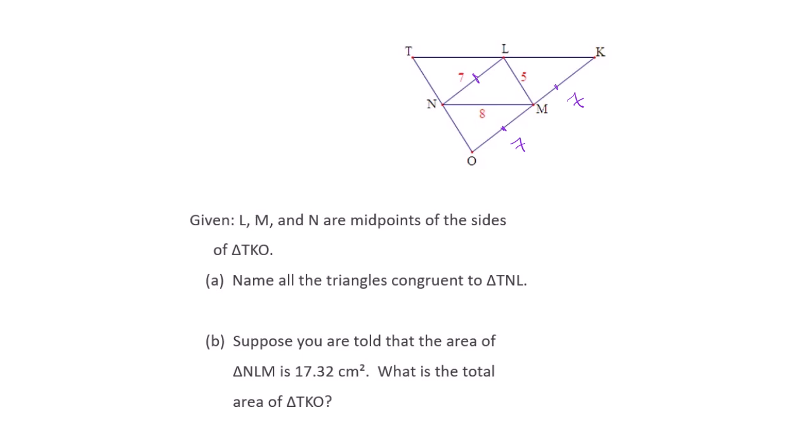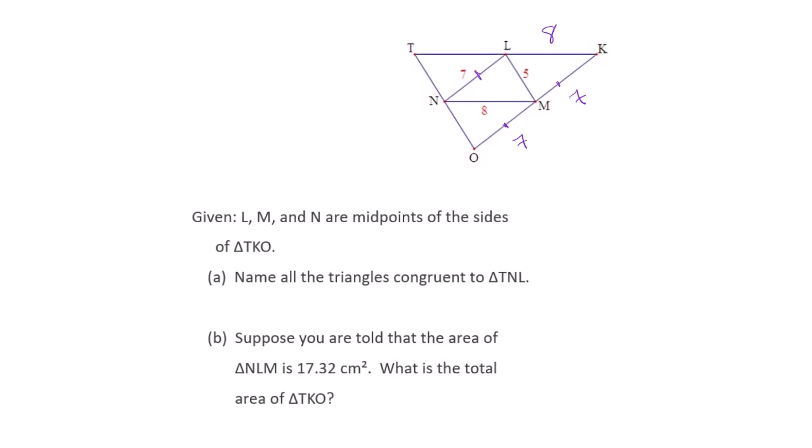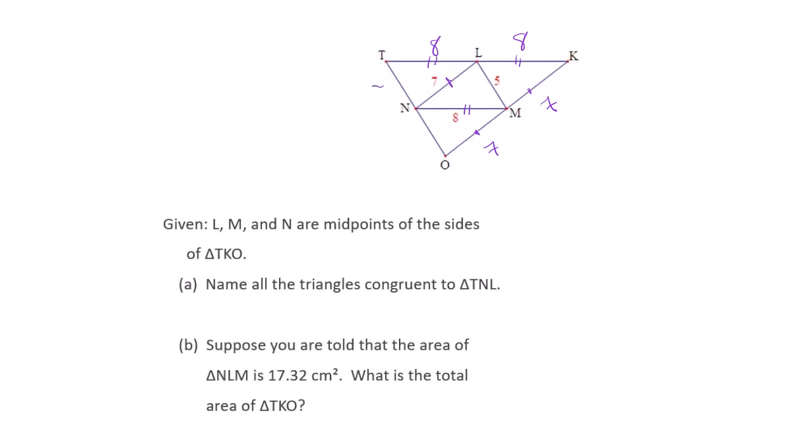These will be 8, because this is half of this. So each of those segments are going to be 8. And then these ones are going to be 5 here, as LM is 5, and it's half of TO.